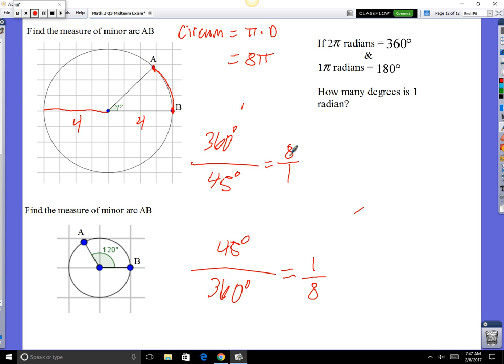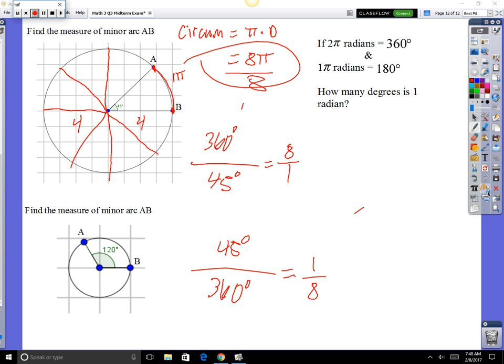So there are 8 45s in a 360. So we can divide this slice pizza into 8 equal slices. So all those slices are 45. So I'm going to take the whole circumference, and I'm going to divide it by 8. If we divide it by 8, that means each of these is just 1 pi, 1 pi, 1 pi, 1 pi, 1 pi. So you're good.